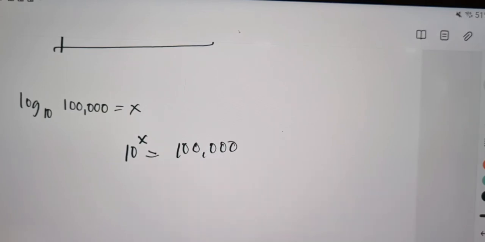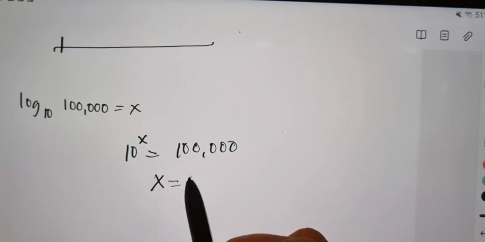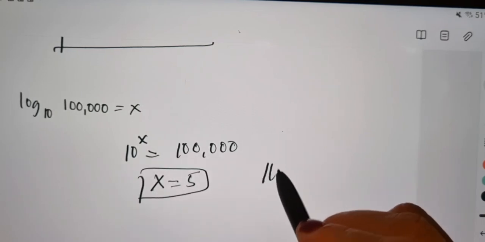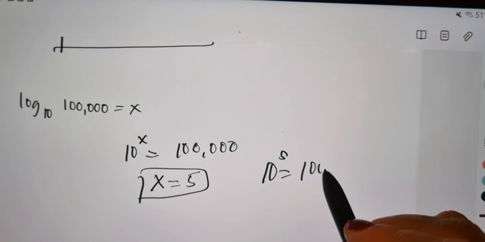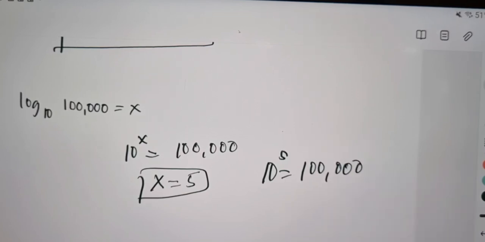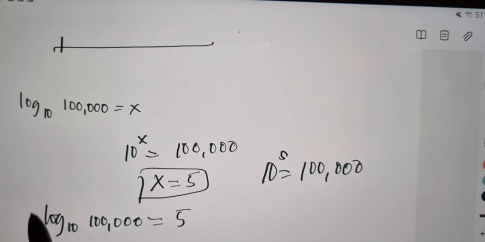Bibilangin lang natin kung ilang zero yan. So x is equal to 5. Because 10 raised to 5 is equal to 100,000. So therefore, log base 10 of 100,000 is equal to 5.